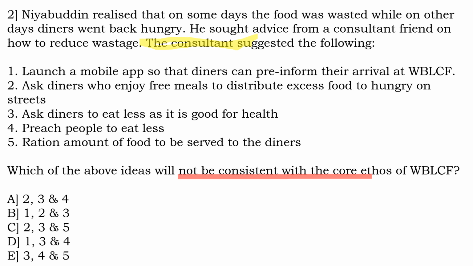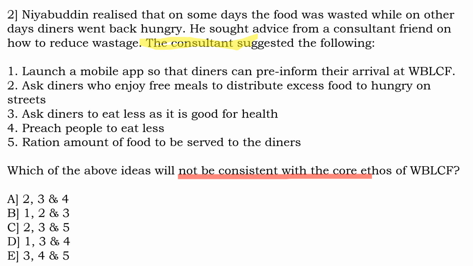So the only option remaining is option E, because 1 is eliminated, which means options with 1 as an answer, B and D, are gone. Then 2 is eliminated, which means options with 2 as an answer, A and C, are also gone. So the only answers remaining are 3, 4, and 5. Statement 3 says ask diners to eat less.